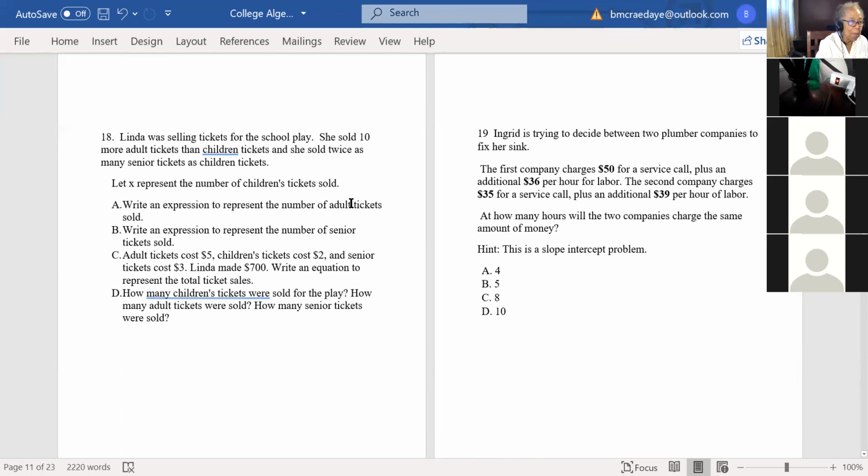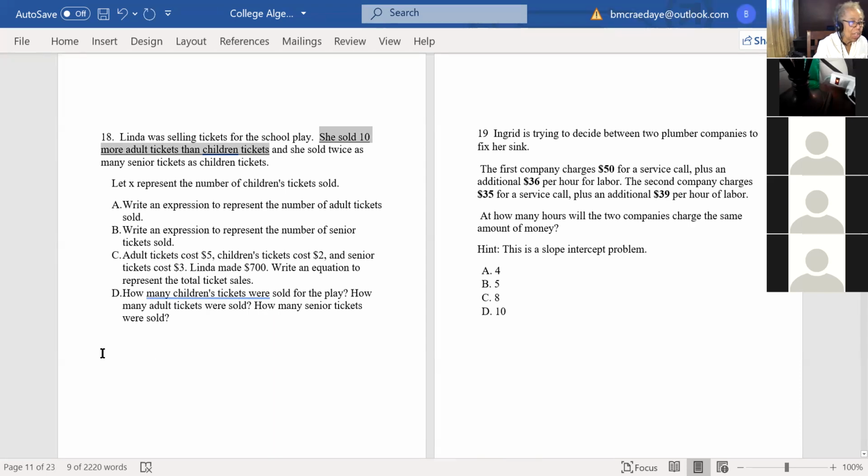Part A: write an expression to represent the number of adult tickets sold. So what would that be? You've got to look at it: she sold 10 more adult tickets than children's tickets.